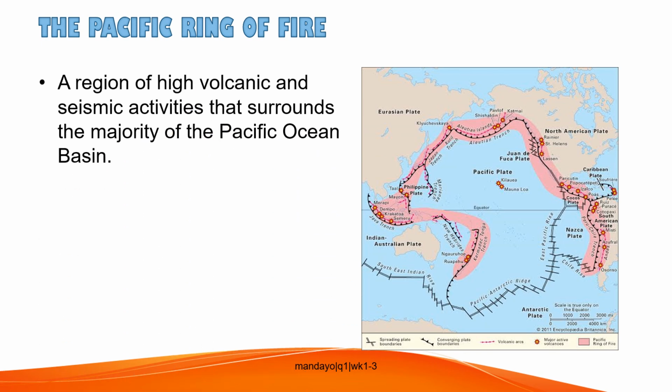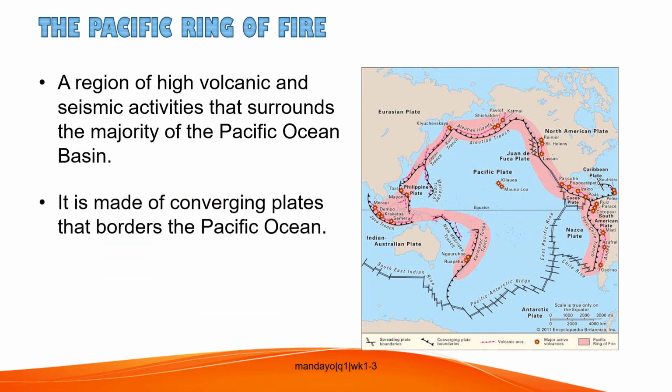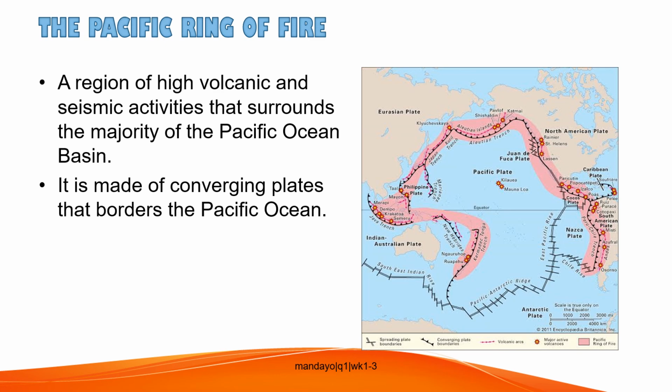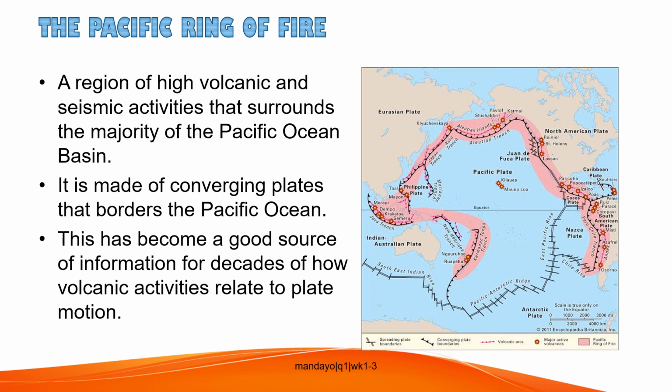It is a region of high volcanic and seismic activities that surrounds the majority of the Pacific Ocean basin. It is made up of converging plates that border the Pacific Ocean. This has become a good source of information for decades on how volcanic activities relate to the plate motion.